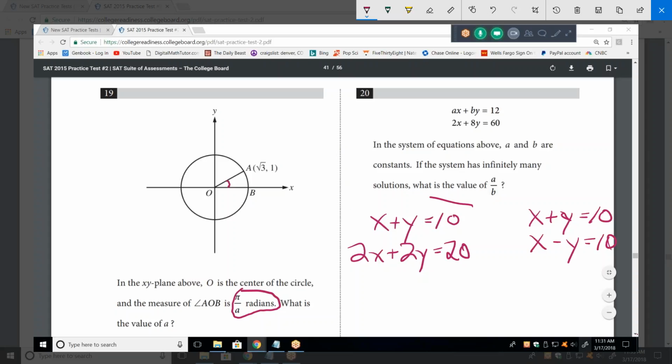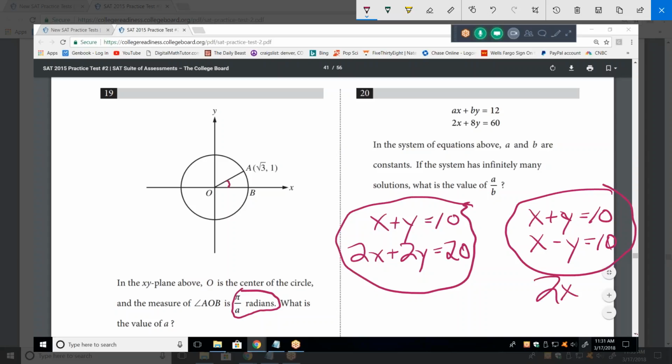Which one, that one or this one, has an infinite number of solutions? The second one? No, the second one you can solve by elimination. You get 2x equals 20, x equals 10, y equals 0. That's the only solution.